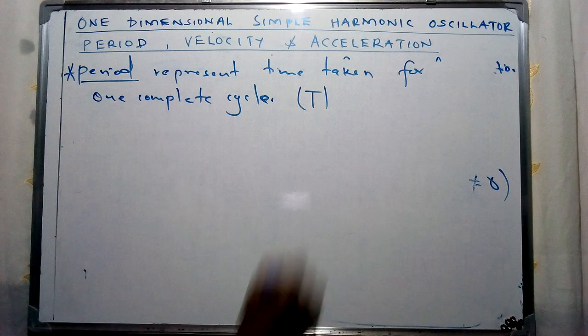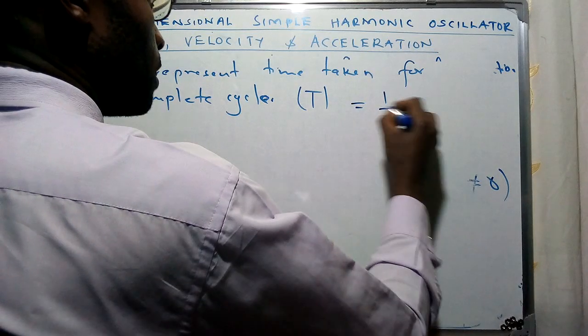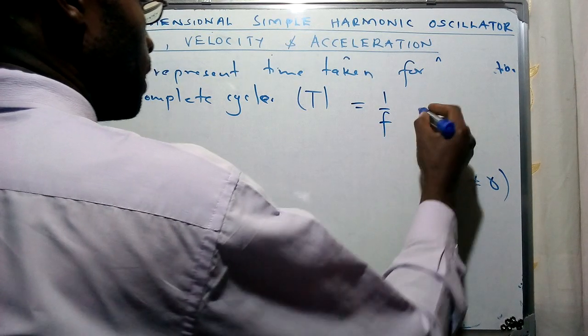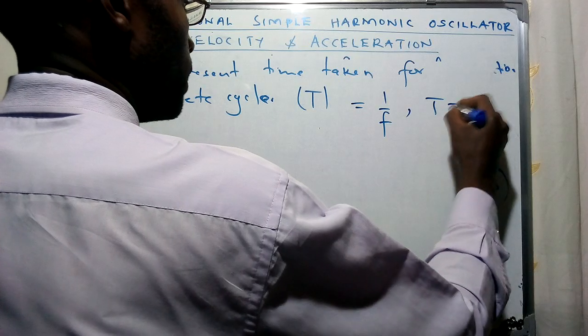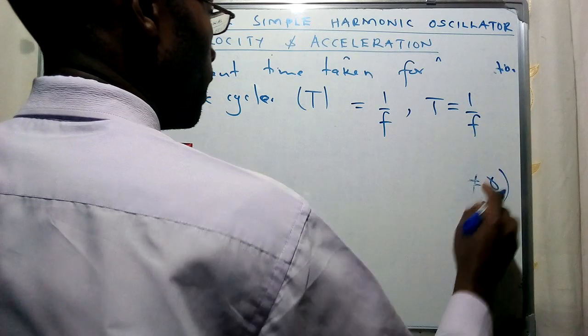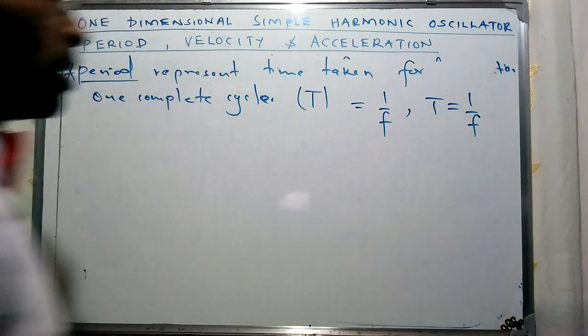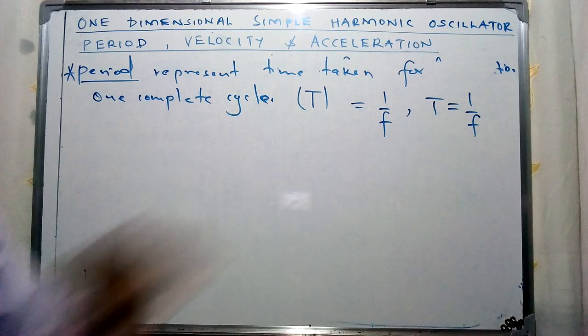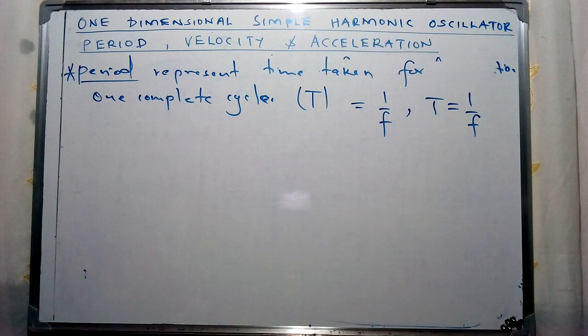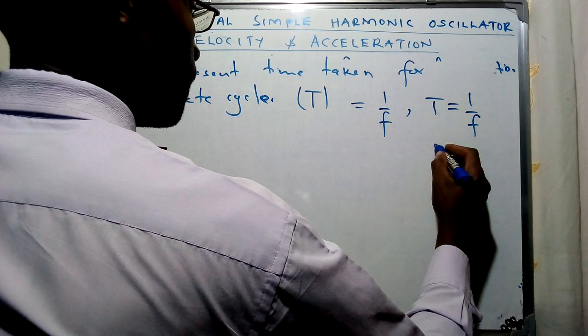So this can be represented as the reciprocal of frequency. We can have our equation given as the period T equals 1 over f. Frequency is the number of cycles given per second.